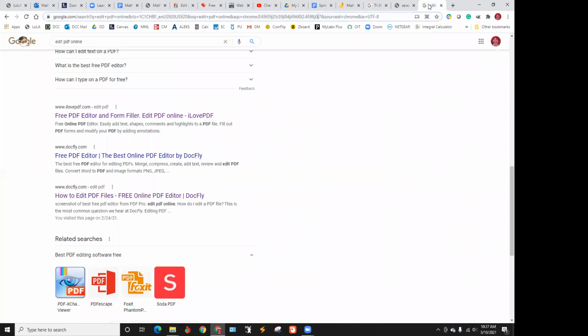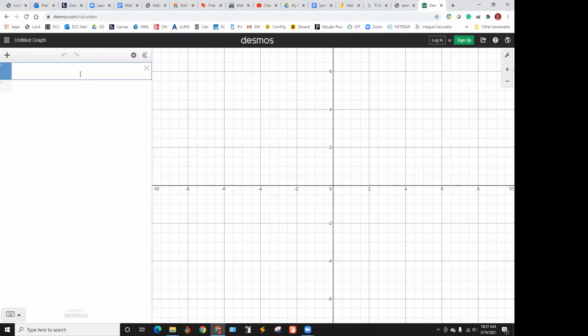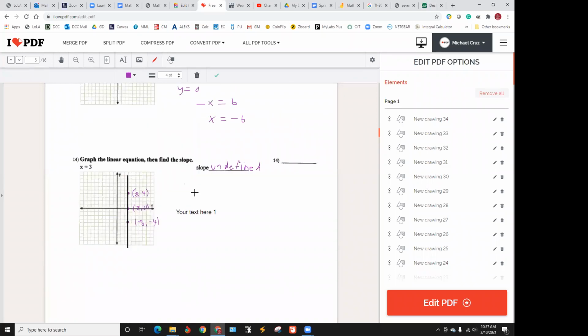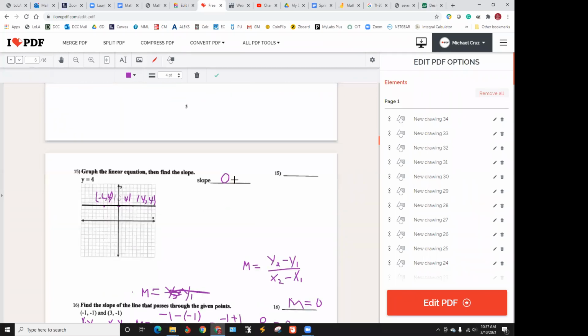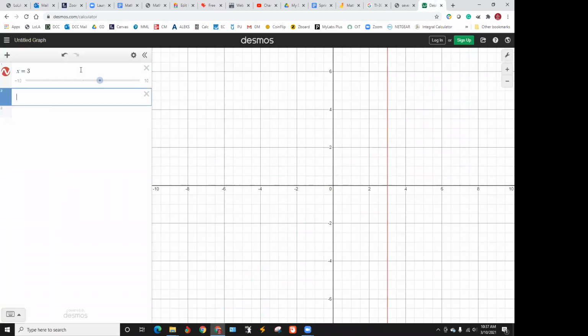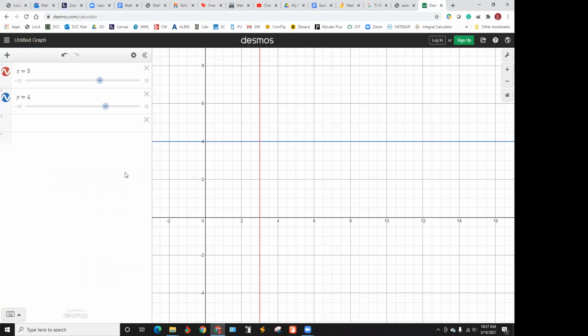To just kind of show you, what was it? Was x equal to 3 and y was equal to 4. So you can see they're perpendicular.